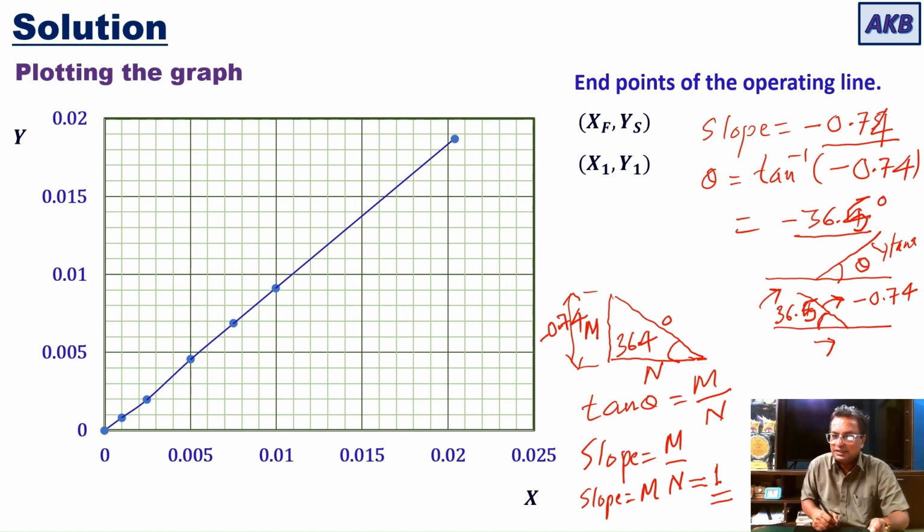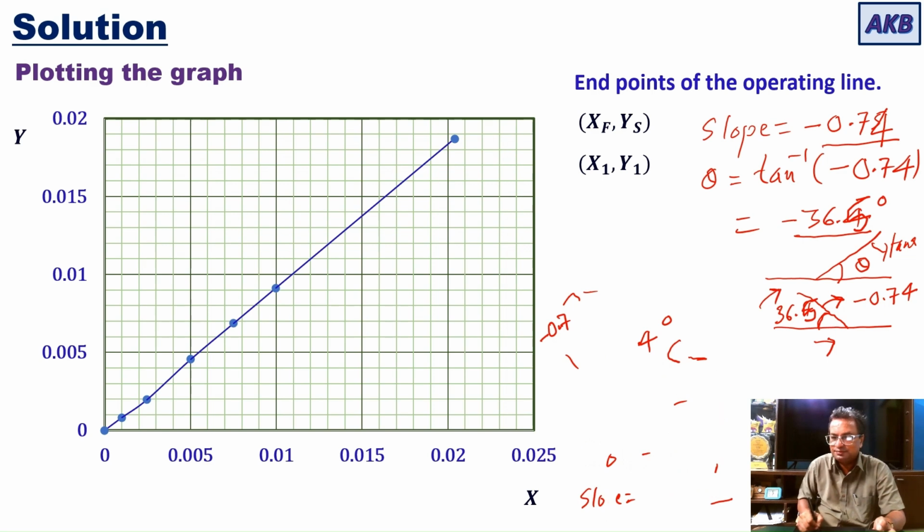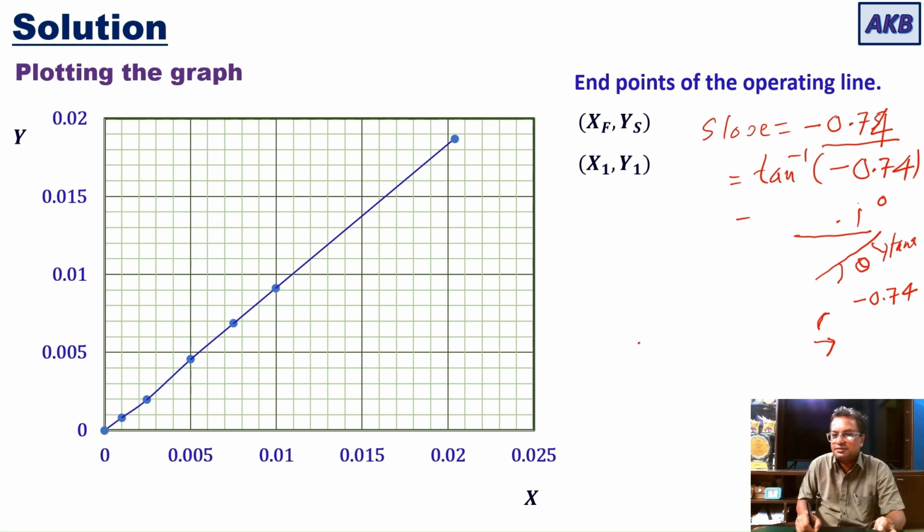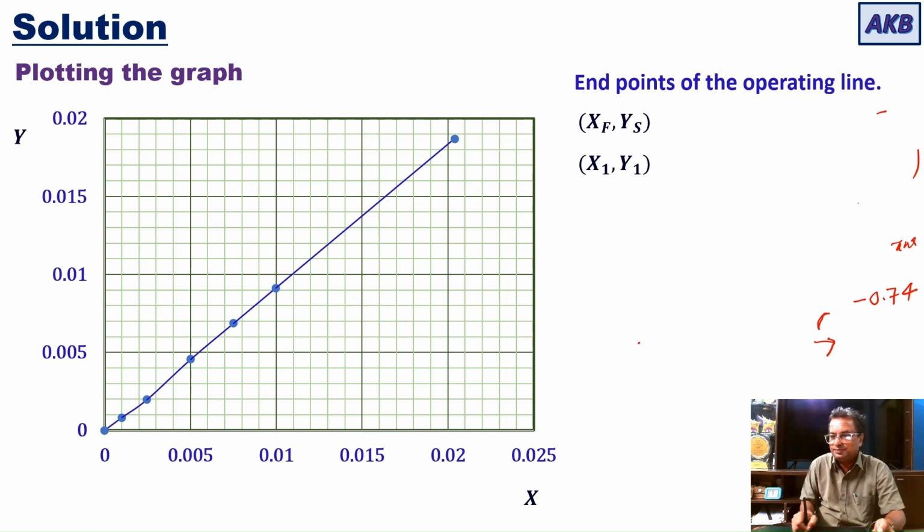Let me first erase it, because I'm going to show you on the graph itself. So we are now going to plot the operating line of desired slope.